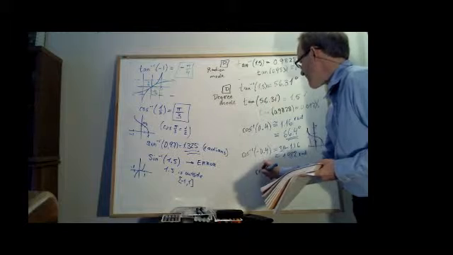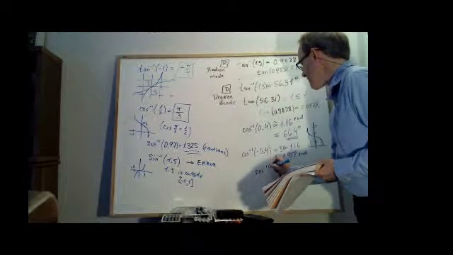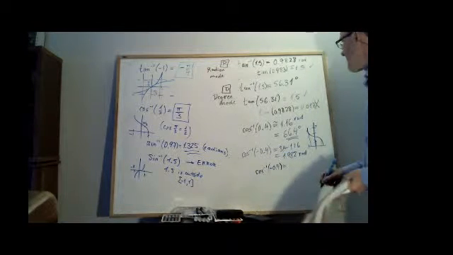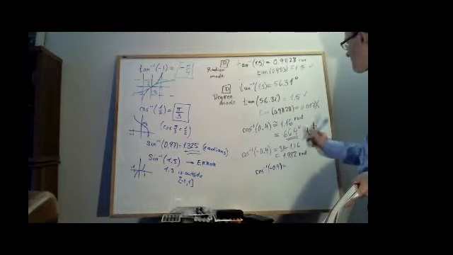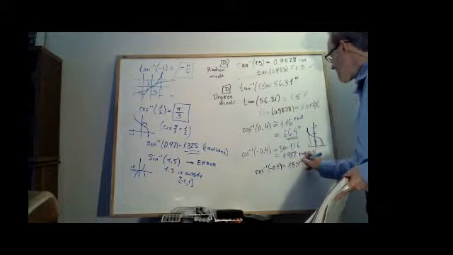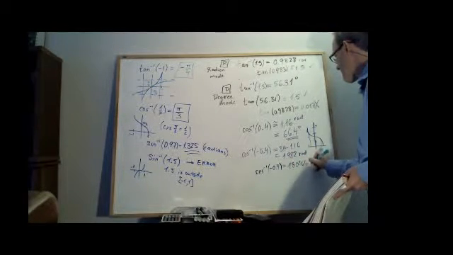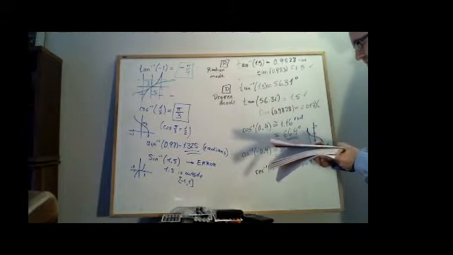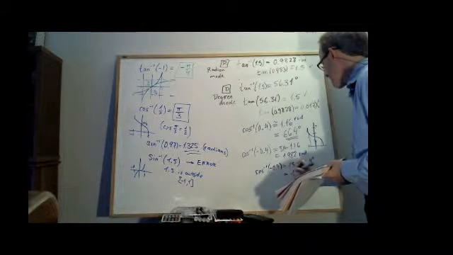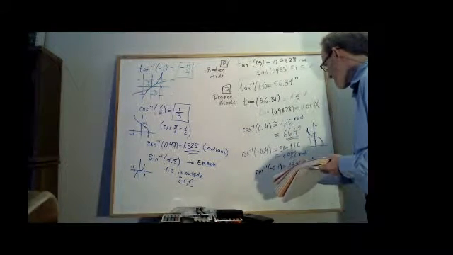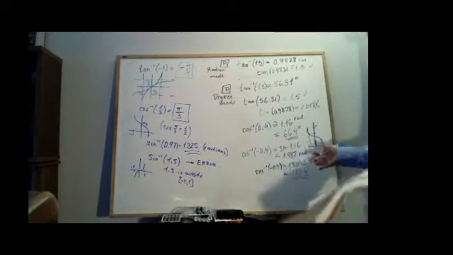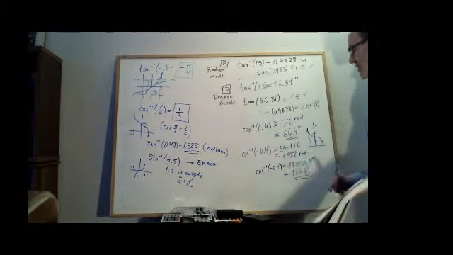If I use the degree mode with the negative sign here, then I'll get 180 minus 66.4, which is 113.58 or whatever, 113.6 degrees. And that's also what I would get if I put the calculator in degree mode first and then did this calculation.